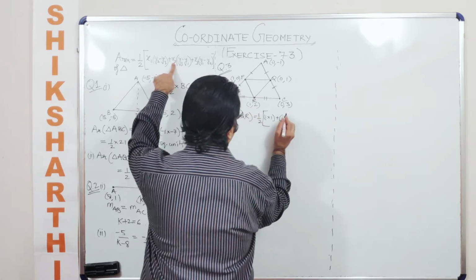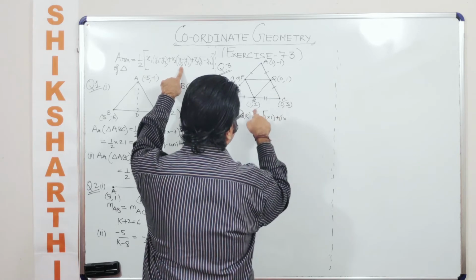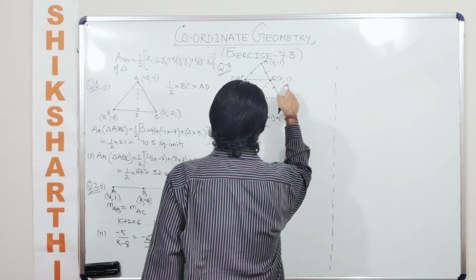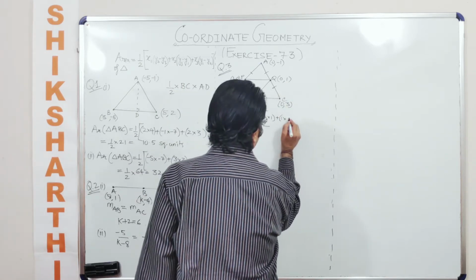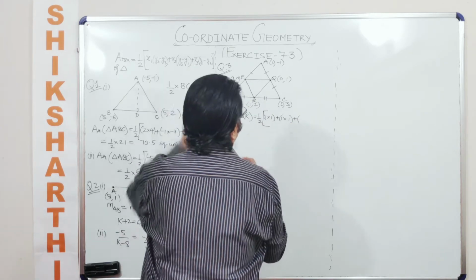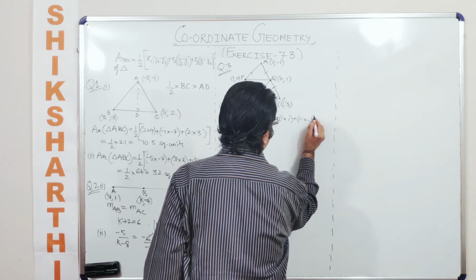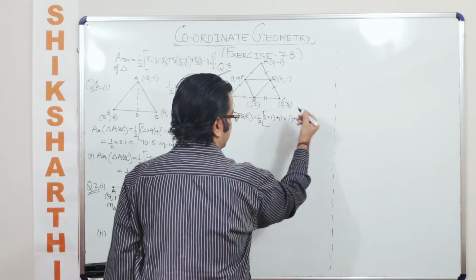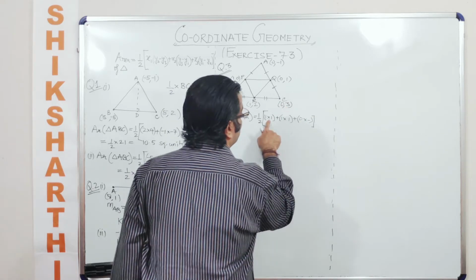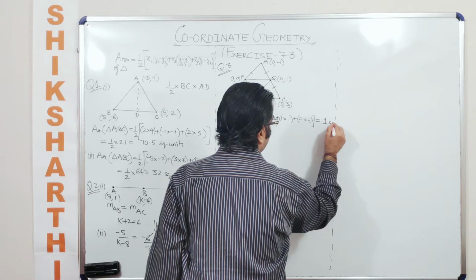Now what is the value of x2 here? Again 1 into y3 minus y1, which is 1 again, plus, now we are talking about x3. So x3 is 0, so 0 multiplied by anything, don't waste your time trying to figure out which value it is. So 1 plus 1, 2, 2 divided by 2 is again 1 square unit.